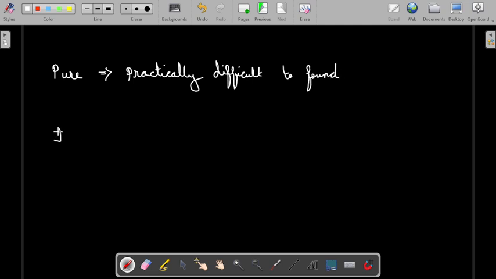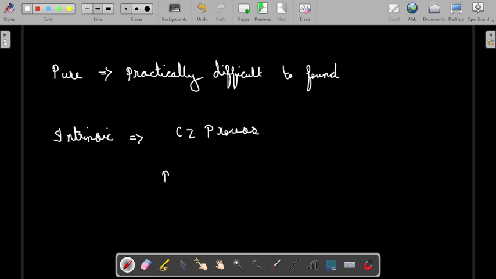Then there is the intrinsic semiconductor, which comes into the picture as grown by some methods, like the CZ process. These are semiconductor manufacturing processes, which are not needed here.